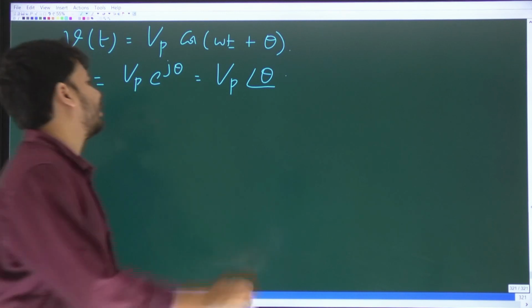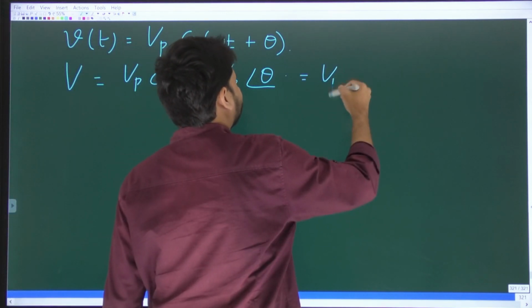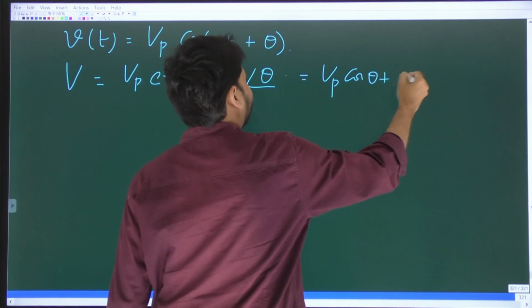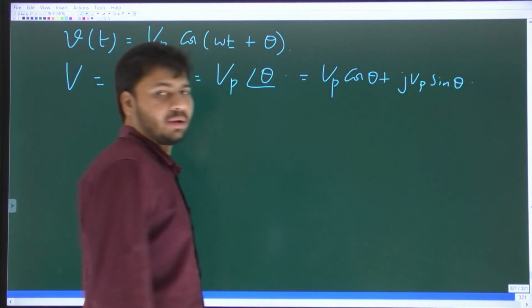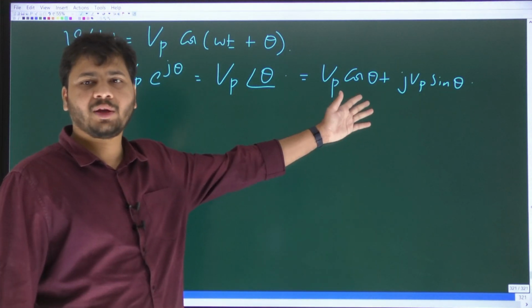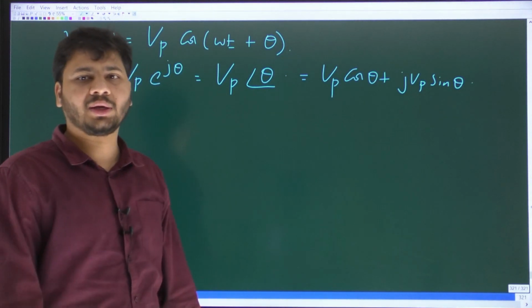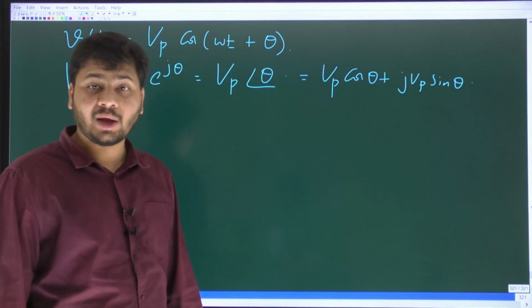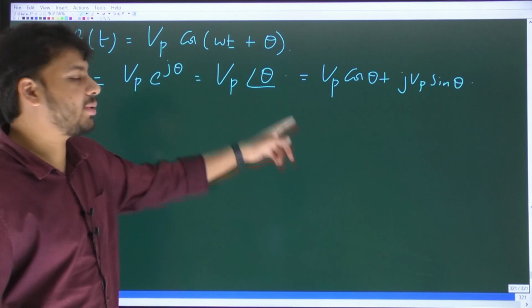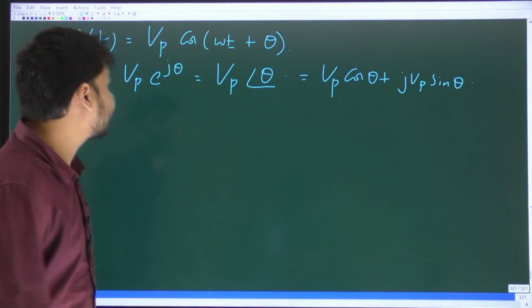Now this Vp angle theta can also be written as Vp cos theta plus jVp sin theta. Is this not the representation of a complex number in rectangular form? And Vp angle theta is the polar form.